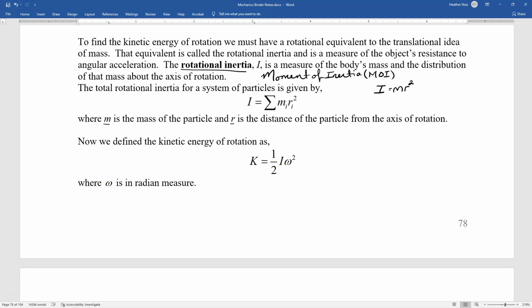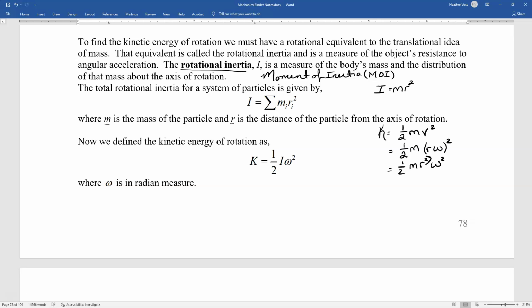Now, when we look at kinetic energy linearly, it is 1/2 mv squared. Well, you may remember that conversion where we said that v is r omega. So it's going to be r omega quantity squared. So that's going to give us 1/2 mr squared omega squared.